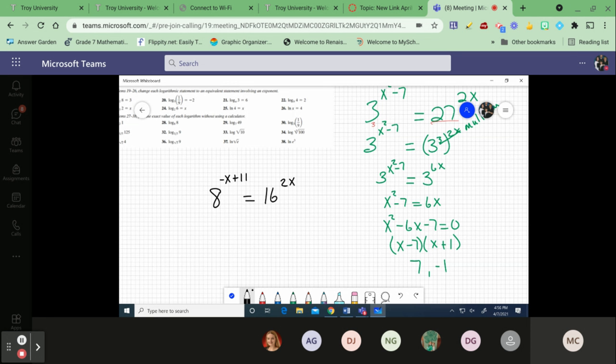But it is linear. Eight is 2 to the third. 16 is 2 to the fourth.